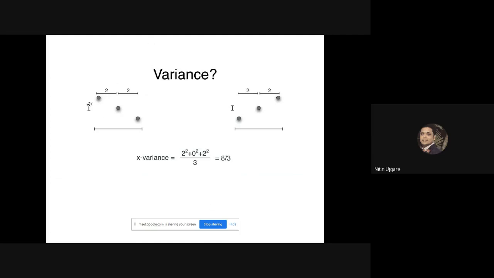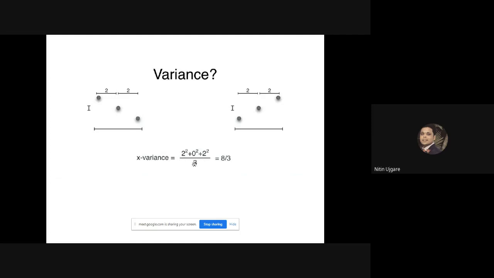So x variance means what? This is the mean actually, and these are the x coordinate values for these points, and the y coordinate values for these points are 1, 1, which I will show you in the next slide. So x variance for these 3 points will be 2 square, this is the mean, so 0 square plus 2 square, everything on the right, so there is no negative entity.